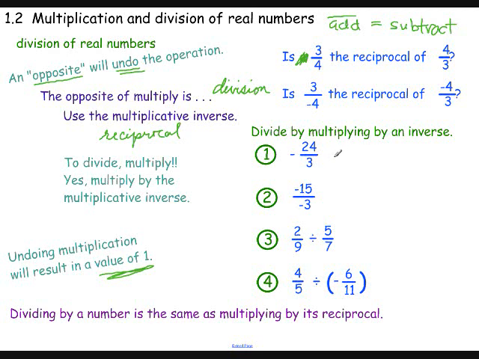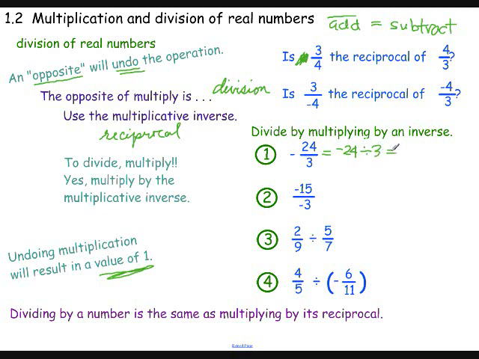Divide by multiplying. All right, so how are we going to do that? Let's do this. We could write this as -24 divided by 3.